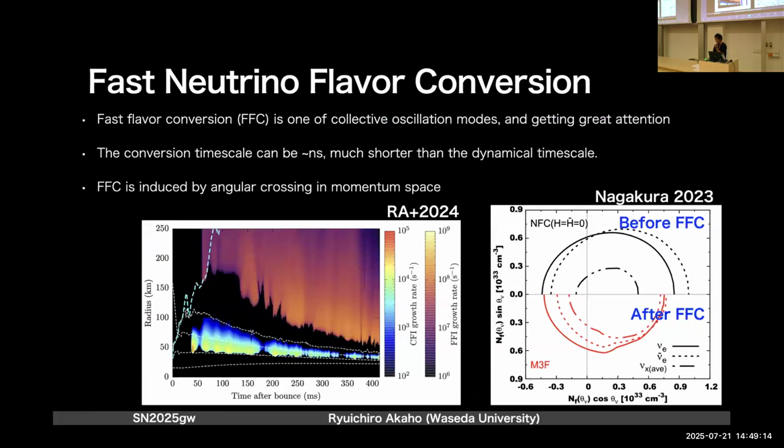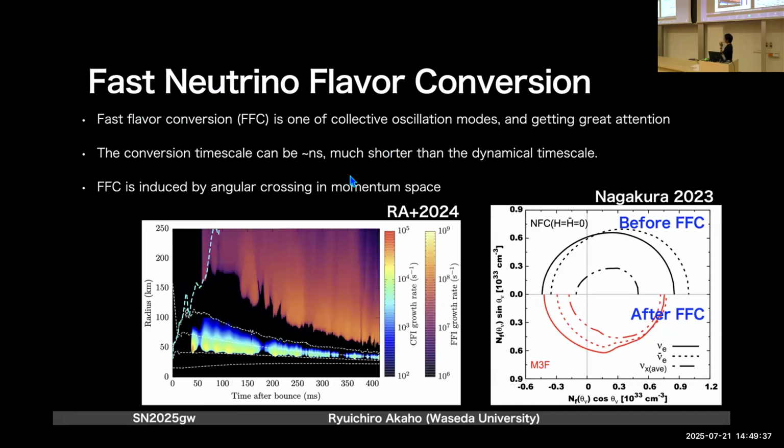And we are dealing with the fast neutrino flavor conversion. It's one of the collective oscillation modes, and the conversion timescale, as the name suggests, is very fast, like nanoseconds.